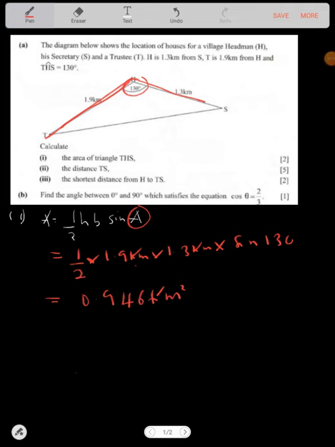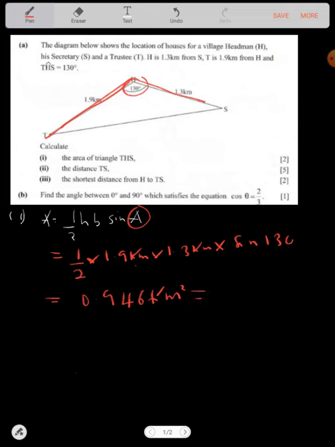Okay, so first you find what sine 130 is. Sine 130 is 0.7. Then you multiply 0.7 by 1.3, we get 0.9. You multiply 0.9 by 1.9, which is 1.8. Then 1.8 divided by 2 gets 0.946 kilometers.